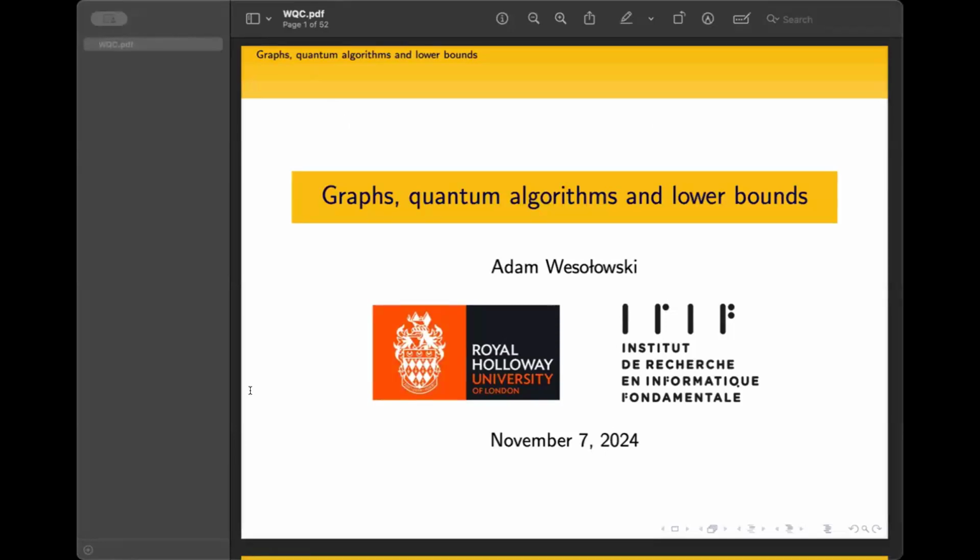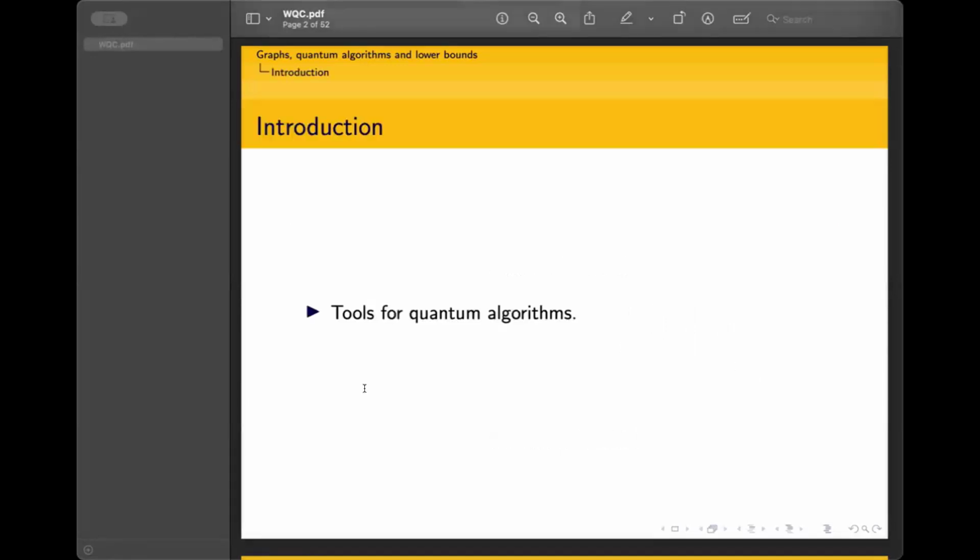So let's start. A little plan for today is basically three topics that we'll go through quickly. First is tools for quantum algorithms: what tools can we use that can help us in quantum algorithm design for graph problems? This will be very basic, quite old techniques, but we'll just mention them.